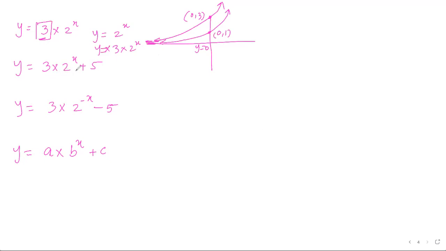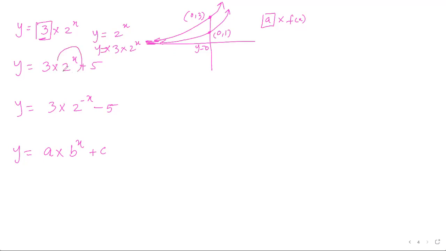Now, if you look at the contextual part of this transformation, it is a times f of x. This is a vertical stretch factor by a. So you should remember by heart that 3 times 2 to the power x is a vertical stretch factor by 3.